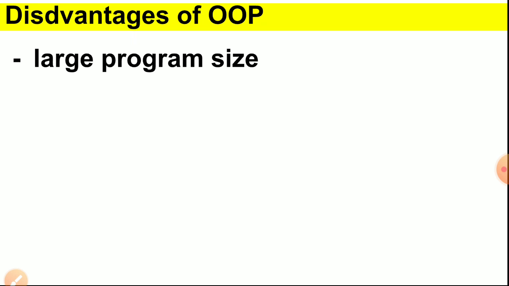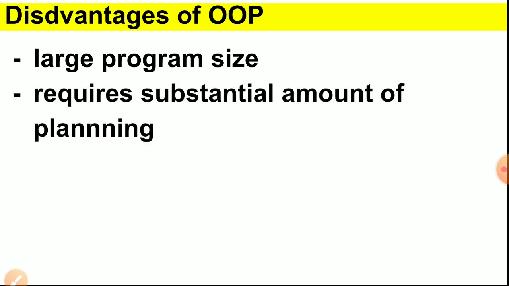So in OOP, the program size is larger. And because of this, if the program size is large, it will require more memory, isn't it? So that's another disadvantage occurring due to this problem of large program size.